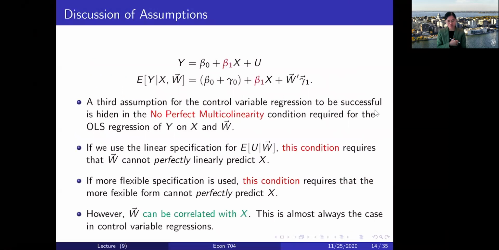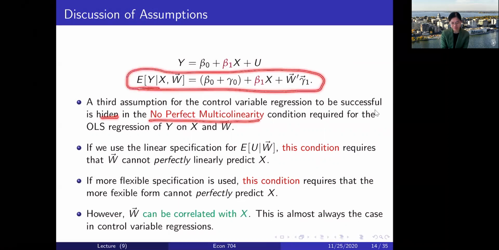All right, so now there is one hidden assumption in here that we haven't discussed. The hidden assumption is hidden in the no perfect multicollinearity assumption for this conditional mean model. That is, there should be no perfect linear relationship between x and the control variable.